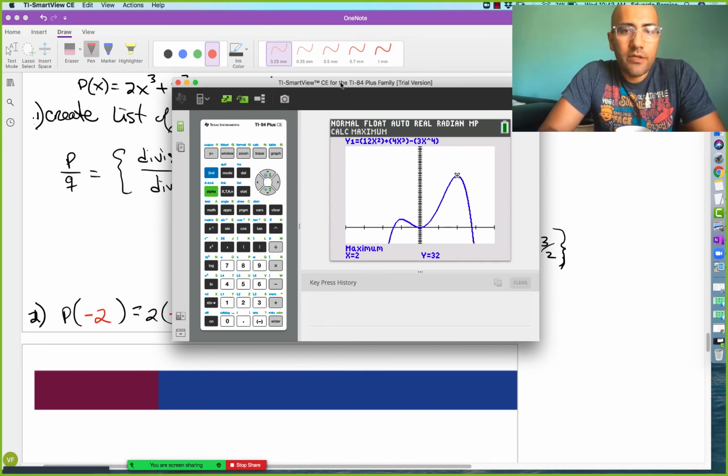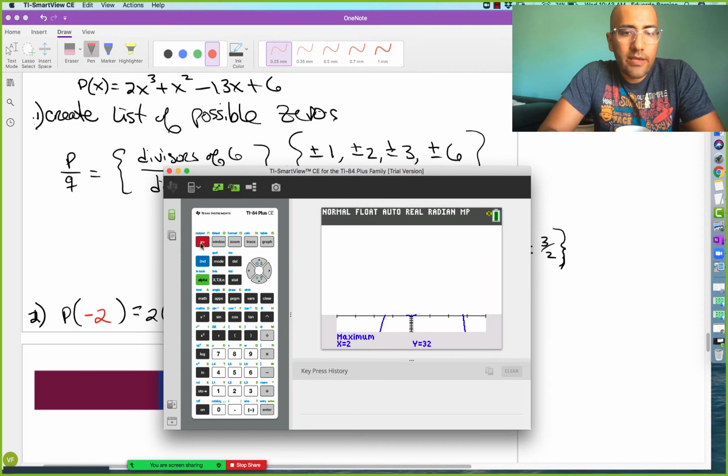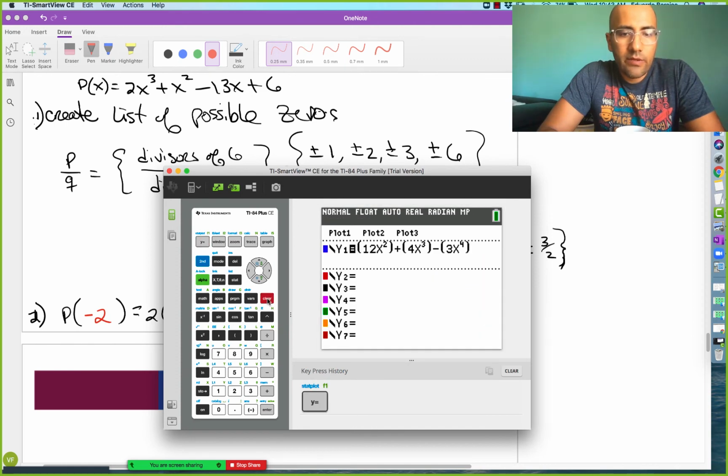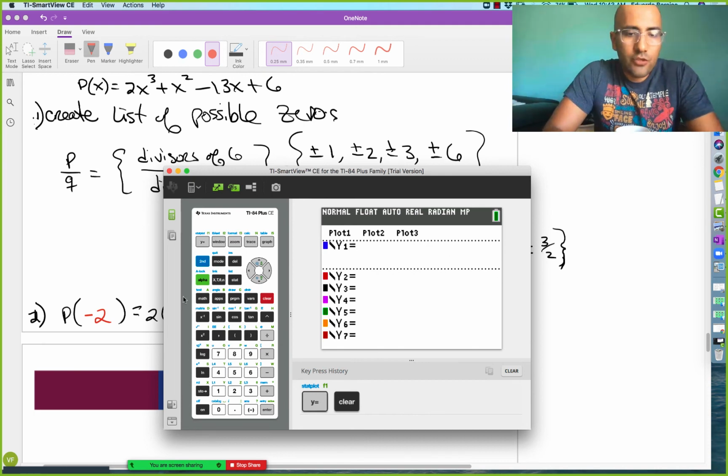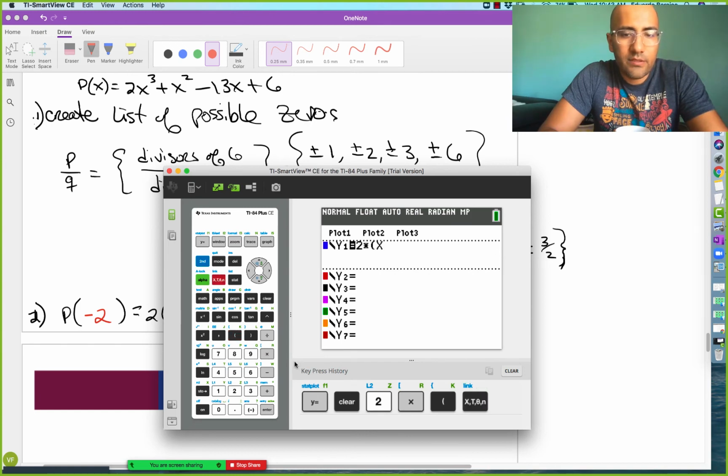Okay, the first thing we want to do is come up here to y equals and get rid of this thing, and we're going to type in our polynomial. So we have 2 times parentheses, and I just like to wrap up everything in parentheses, x to the power of 3.